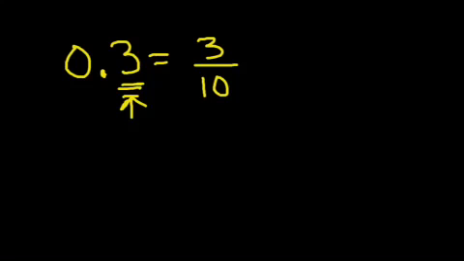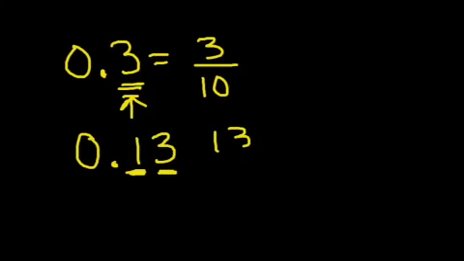How do you do it when it's in the hundredths place? Well, what if it's 0.13? Now this went out to the hundredths place. It's 13 hundredths. There are two decimal places. This is the tenths and this is the hundredths. So you're going to put the 13 over 100.